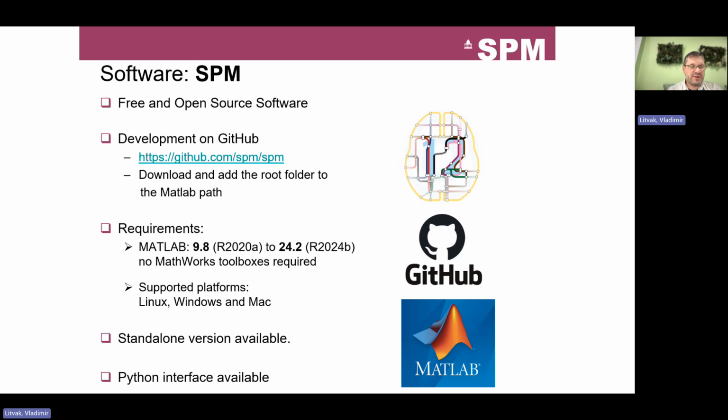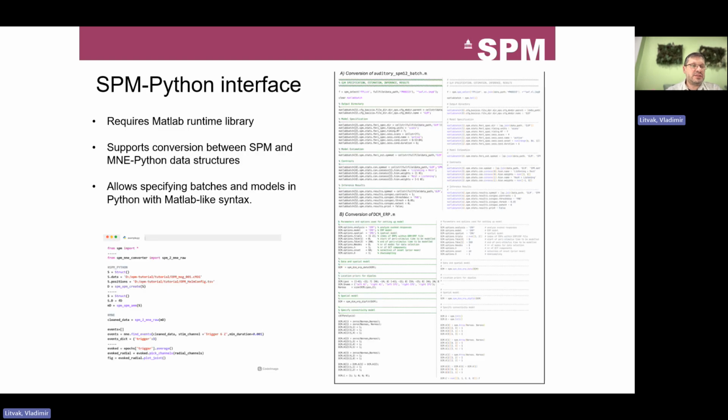For people who don't have access to MATLAB, there's also a standalone version. And a new framework to serve Python users is the SPM Python interface. This requires a runtime MATLAB library for Python, and it supports different things like conversion between SPM and MNE Python data structures.